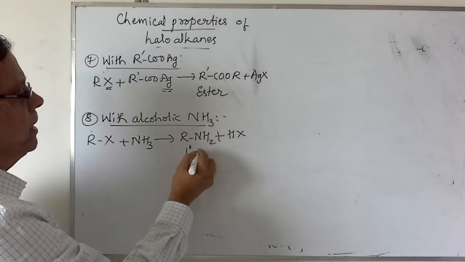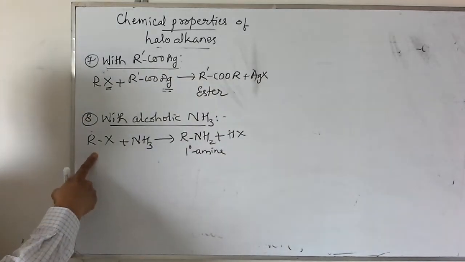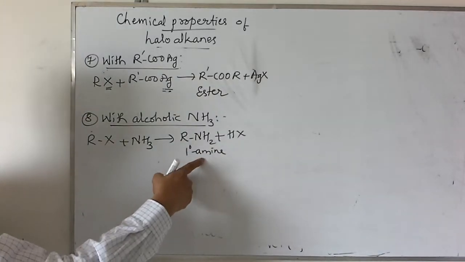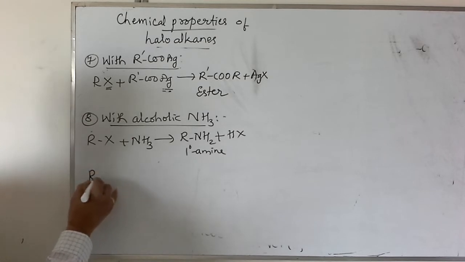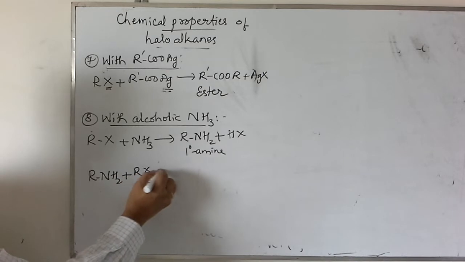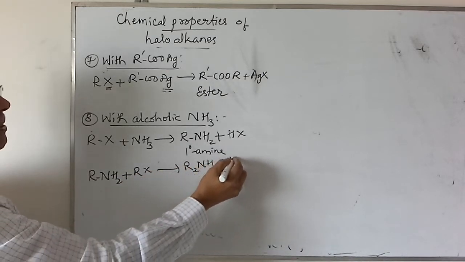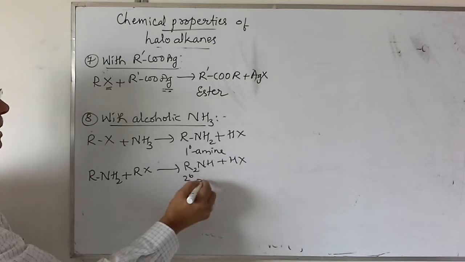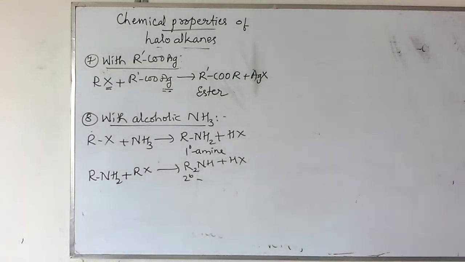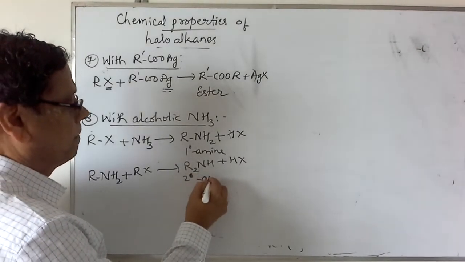This is called primary amine. But if excess alkyl halide is available, then this will further undergo reaction in such a way that RNH2 will react with RX to give rise to R2NH plus HX. This is secondary amine. So we get secondary amine.